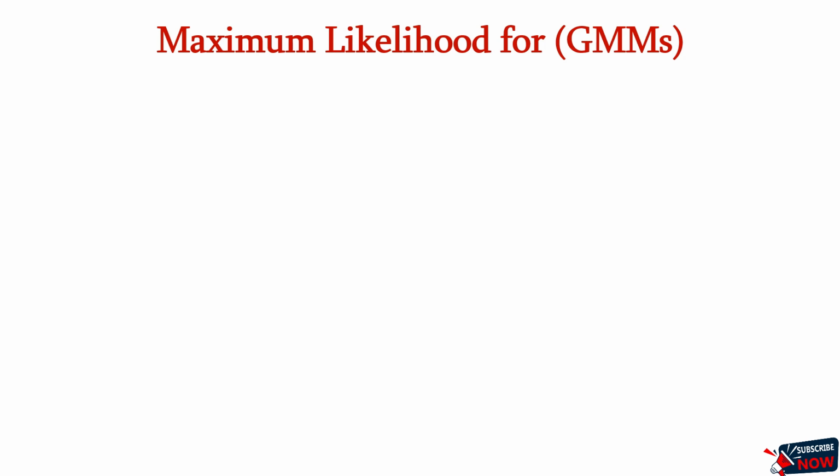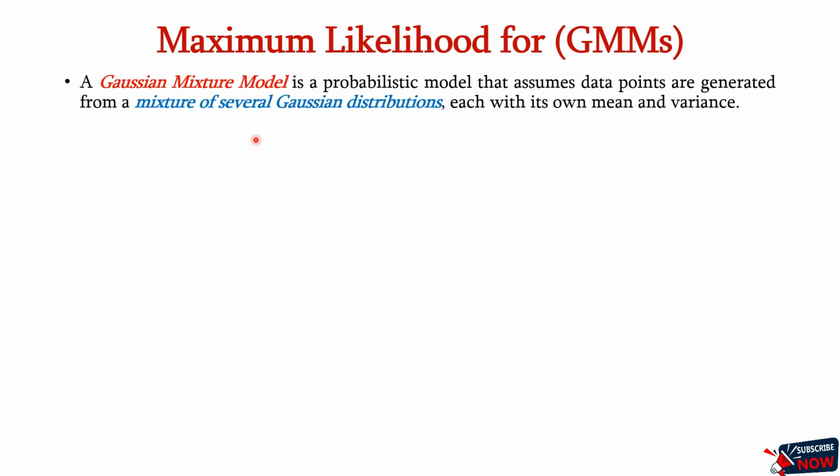First, let us understand the likelihood function for GMMs. We know that a Gaussian mixture model is a probabilistic model that assumes that the data points are generated from a mixture of several Gaussian distributions instead of a single distribution, and each will have its own mean and variance.